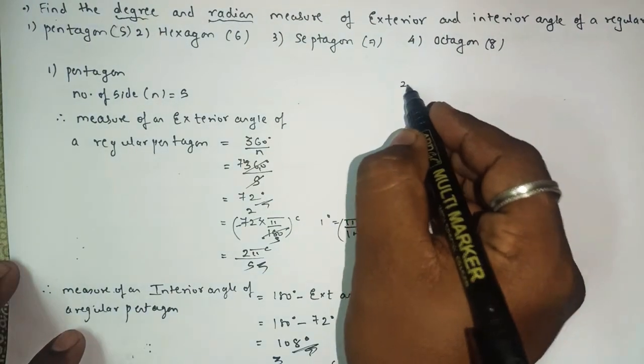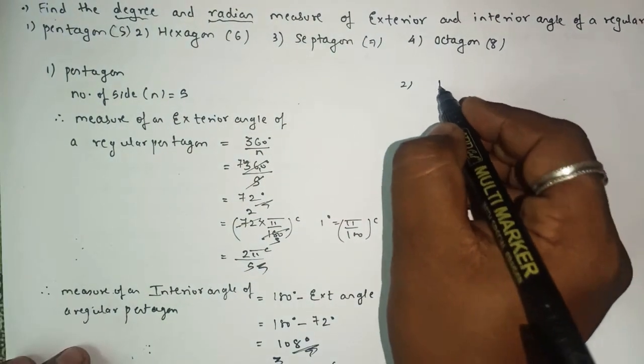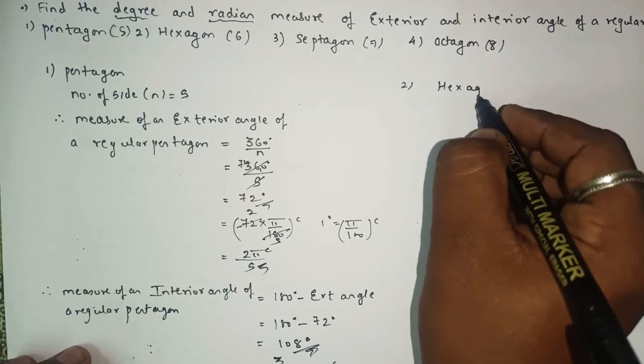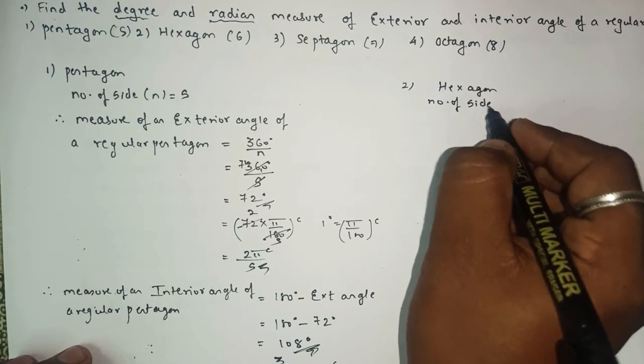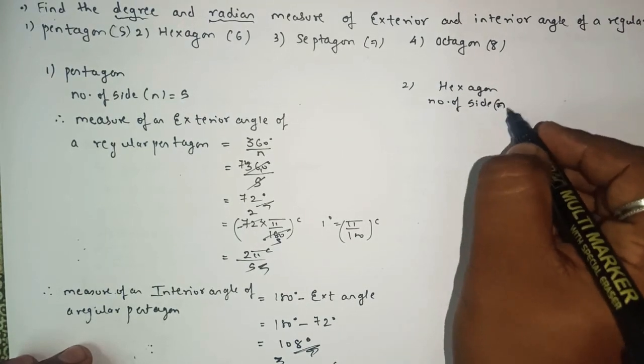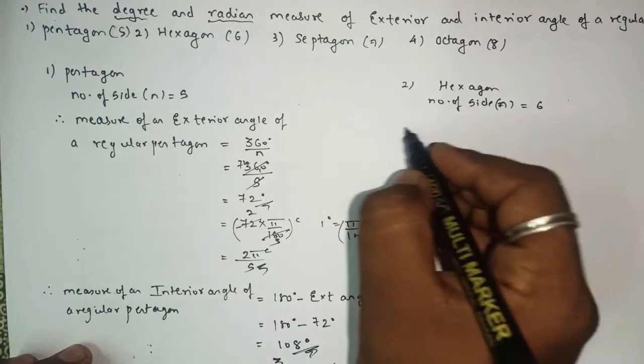Here the second one is hexagon. For hexagon, how many sides are there? 6.